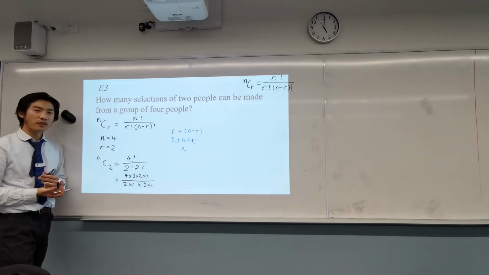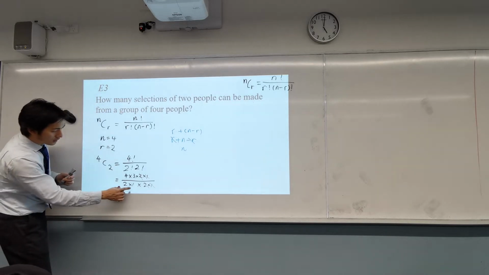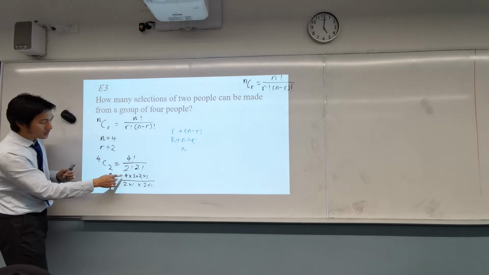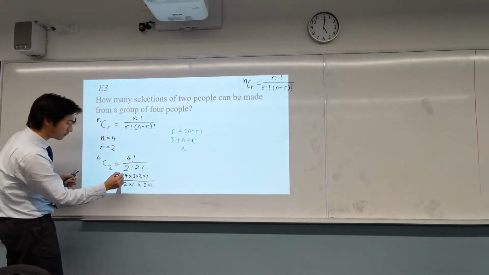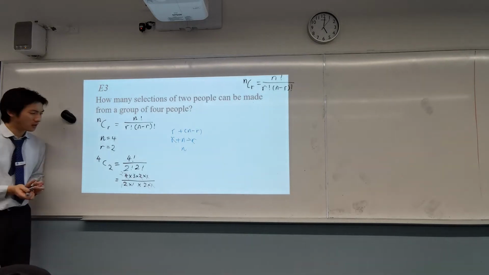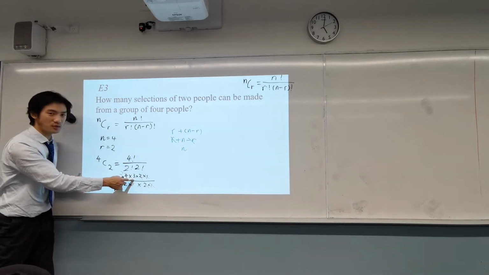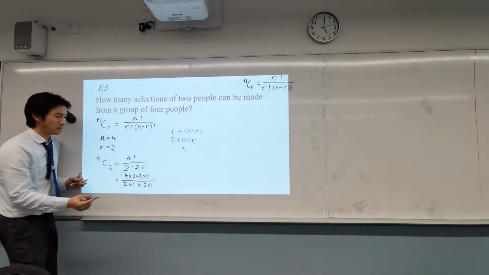So I cancel out everything before I do any evaluations. In fact, the 2 on the bottom can cancel out with the 4. So the answer just becomes the result of 2 times 3. They're just the numbers that are remaining.